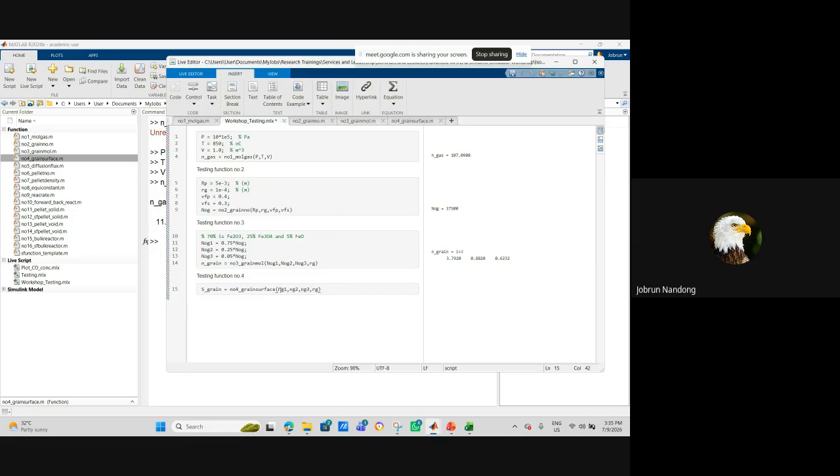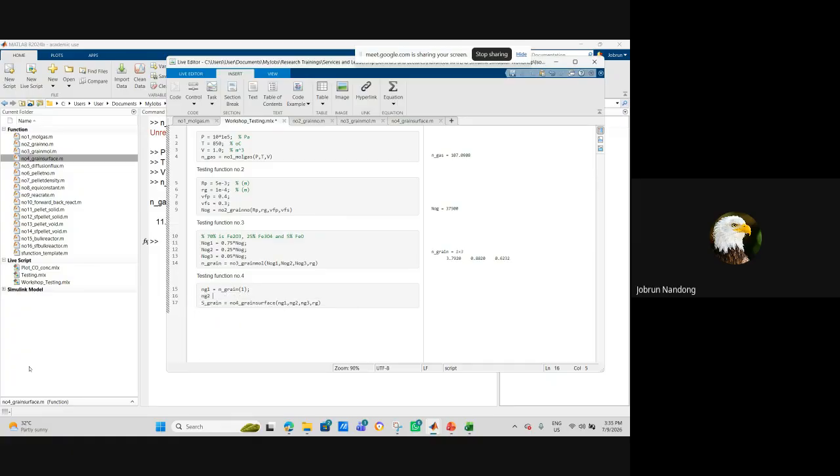We have RG, and this one already available to us, but the names are different, right? NG1, NG2, NG3. So what we're going to do is that, this one is actually calculating NG1, NG2. So what we can do, we can just write like this, NG1 equal to N green 1. Okay.